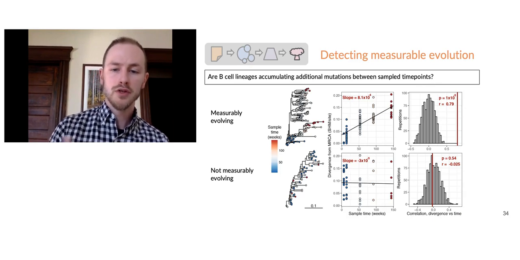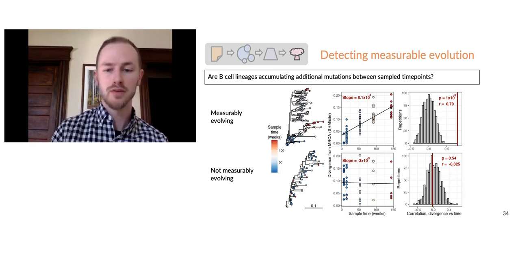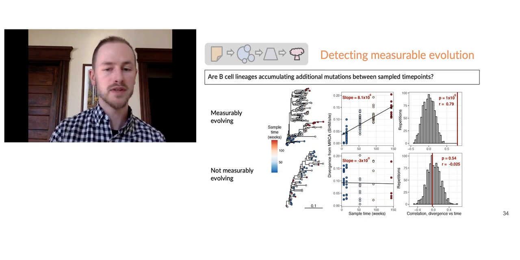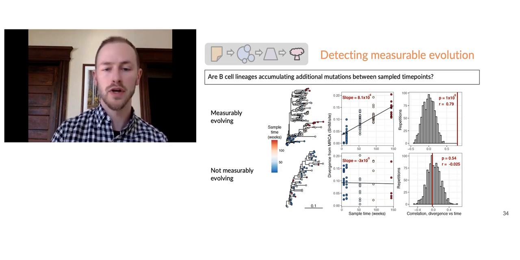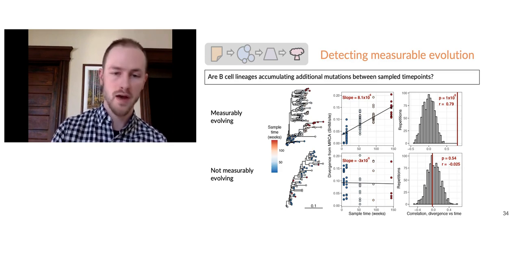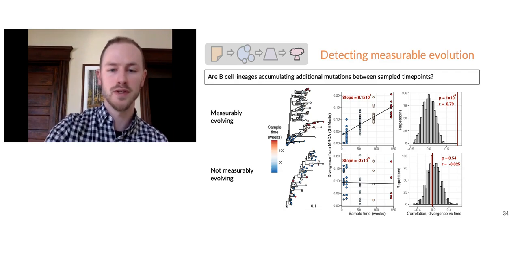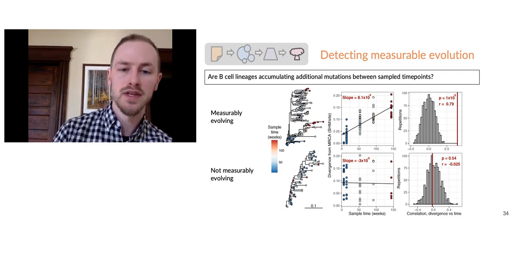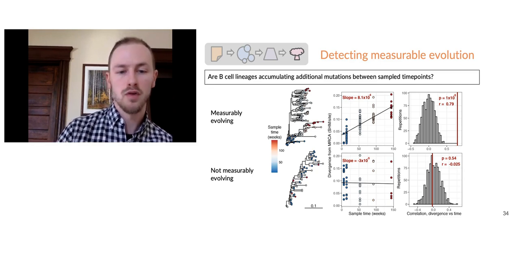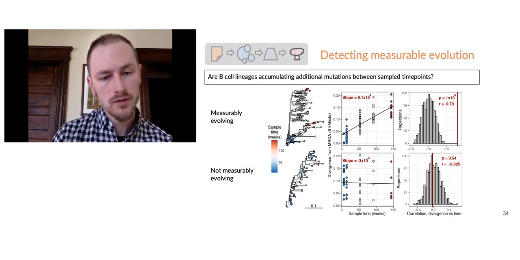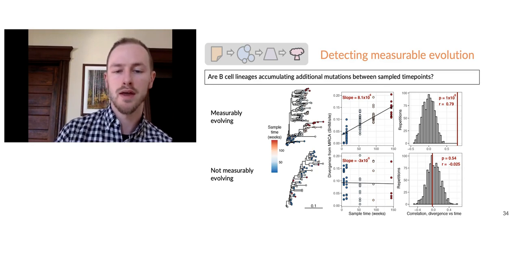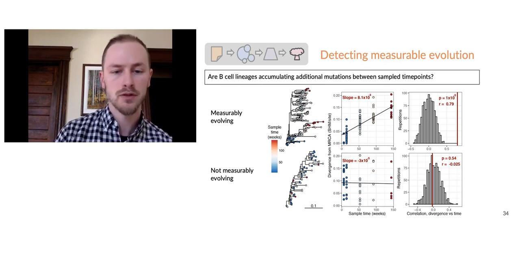So using longitudinal samples from the same patient, we can determine whether B-cell lineages are actively evolving over the time interval using B-cell lineage trees. So take, for example, this lineage at the top left. This was sampled over a couple of different years, so it was obtained from a chronic HIV patient.